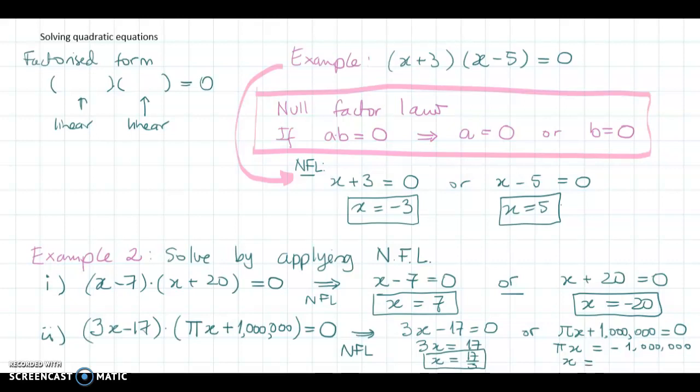So x has to be equal to -1 million divided by pi. It doesn't matter how complicated I make this look; at the end of the day these are linear equations, and we know how to solve them. So if a quadratic function is given in factorized form, we can always apply the null factor law and find the solutions.